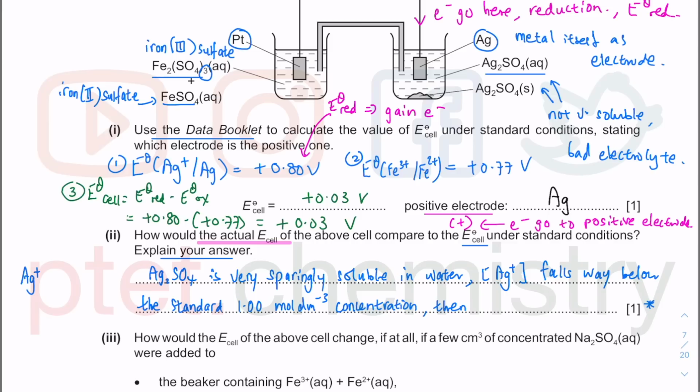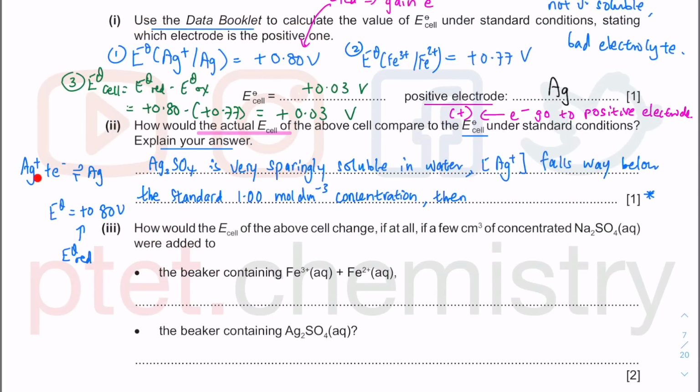Because you have Ag plus plus electrons going to Ag there, and this is your E naught of plus 0.80 volt. And remember that was your E red. That was what we said to be the E red. So if you are way below 1.00 mole per dm cube, this equilibrium will favor the left hand side, to try and increase the concentration of Ag plus.